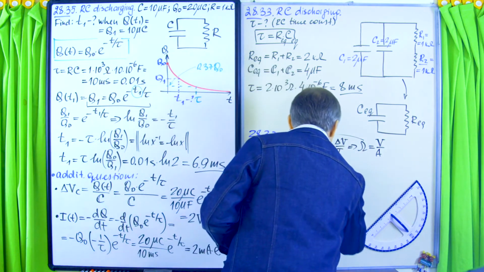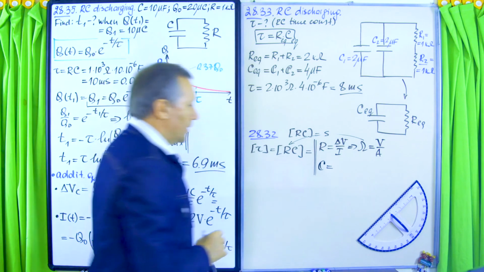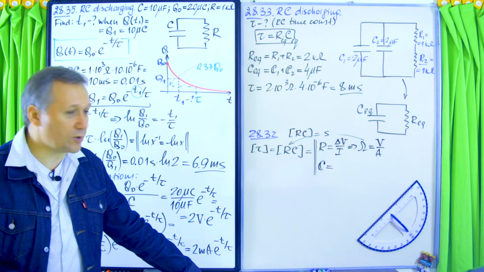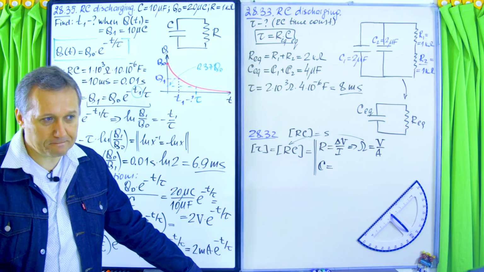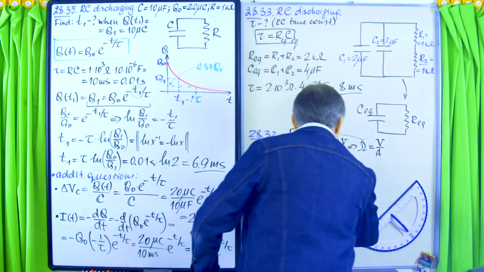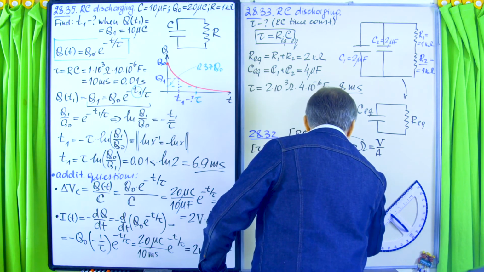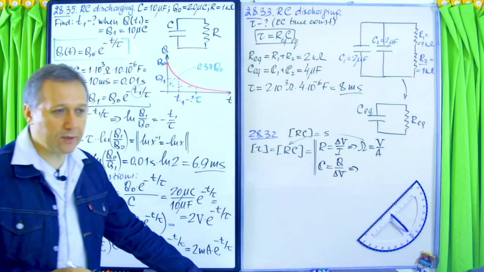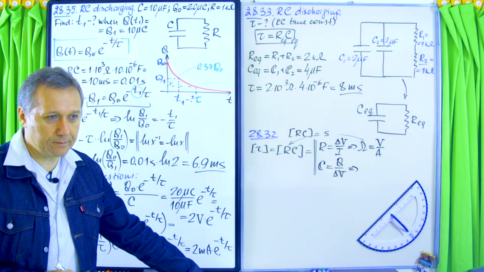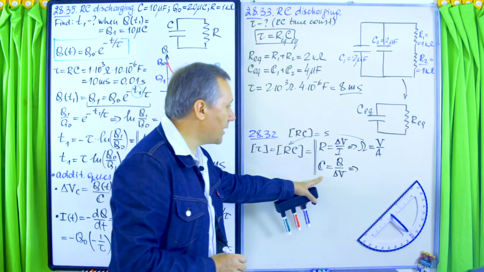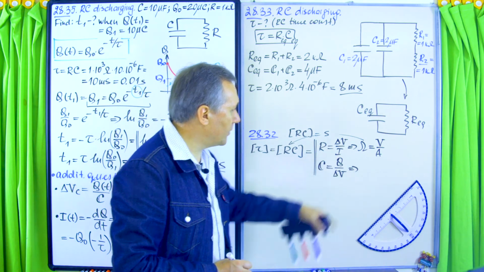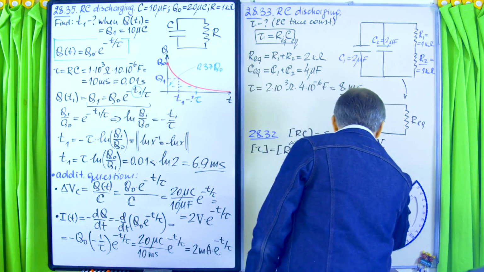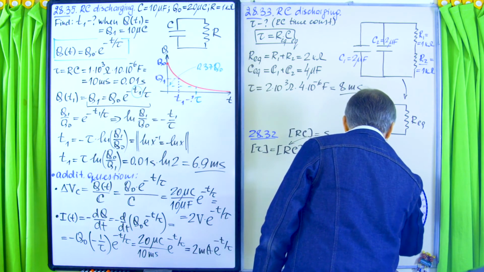And then, in order to write the unit of capacitance, farad, in terms of something else, let me recall the definition of capacitance. We define capacitance as charge divided by the potential difference, Q over delta V, of course the potential difference across a capacitor. So farad equals coulombs divided by volts.